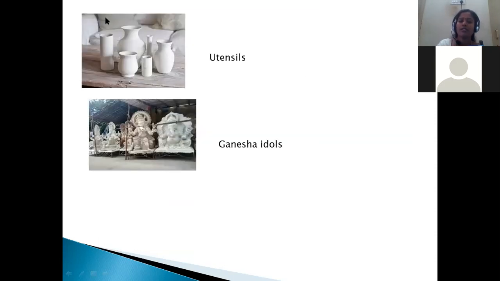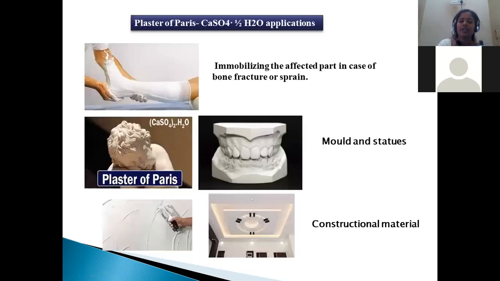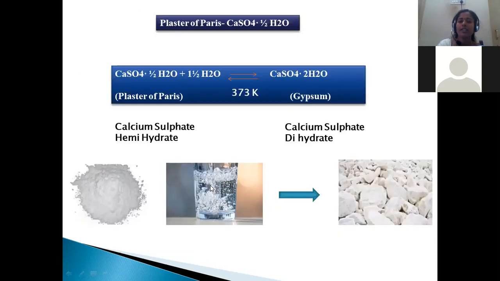And one more, some kinds of utensils are also made of plaster of Paris, and even Ganesh idols are manufactured from it. So many applications are there; these are very few of them. Let us recall plaster of Paris one more time. Plaster of Paris is nothing but calcium sulfate hemihydrate.